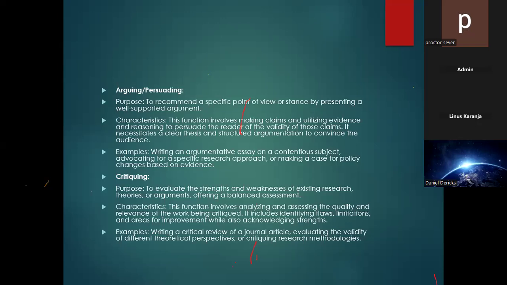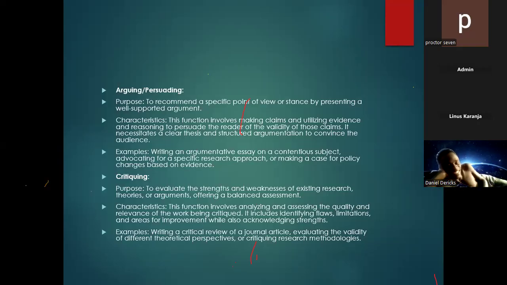So if you write a paper to persuade, like some people are very negative and we want to persuade them about AI, you need proper academic writing skills, because in academic writing, you take a position and support it. And that is what we call persuasive academic writing.